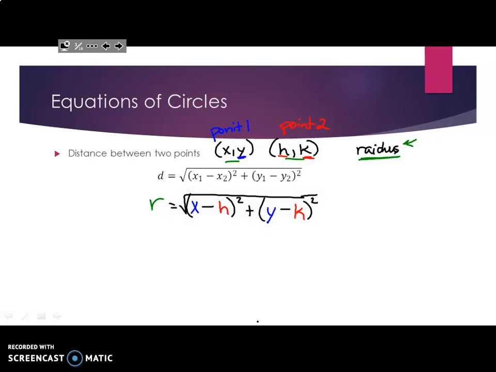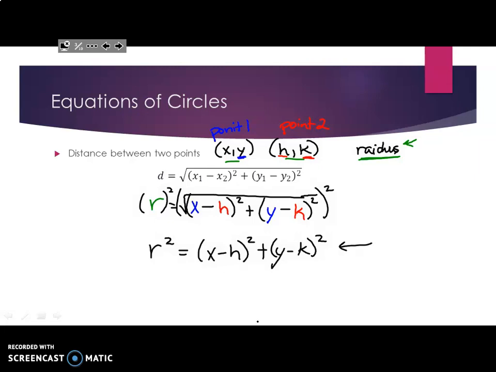How could we get rid of that big old square root? Well, I could square both sides. And when I square both sides, I get r squared equals x minus h squared plus y minus k squared.